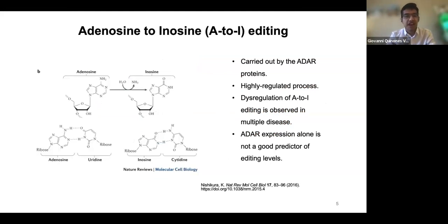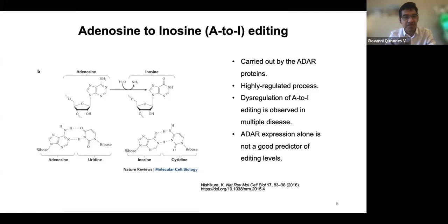So diving a little bit into the first paper, the regulation of RNA editing by RNA-binding proteins, I wanted to first introduce this concept of RNA editing, adenosine-to-inosine editing more specifically.